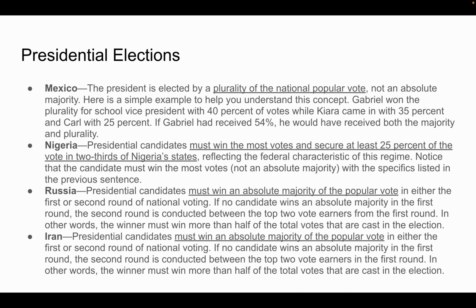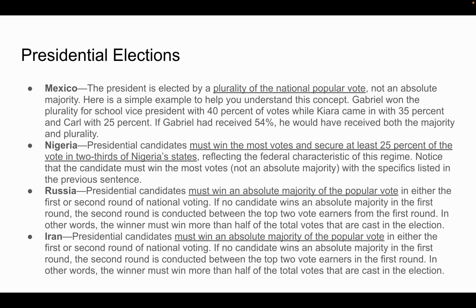Looking at Nigeria, presidential candidates must win the most votes and secure at least 25% of the vote in 2/3 of Nigeria's states. The purpose of this is to reflect the federal characteristic of this regime. Notice that the candidate must win the most votes, not an absolute majority, with the specifics of winning 25% in 2/3 of Nigeria's states.